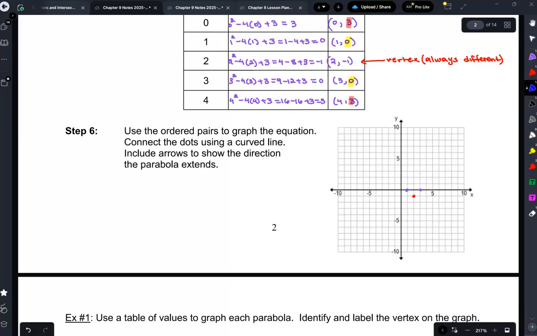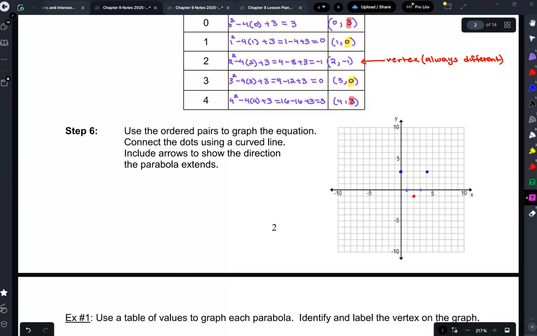And then I have 0, 3, 4, 3. Do you see the symmetry? Look at this one. I have the vertex, and then I have these two, and then I have these two. So now we're going to graph.